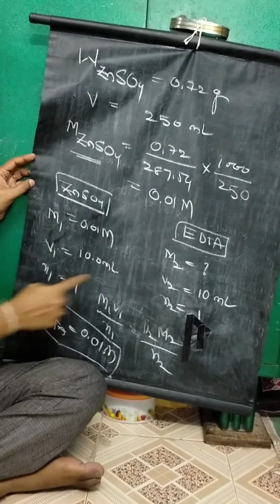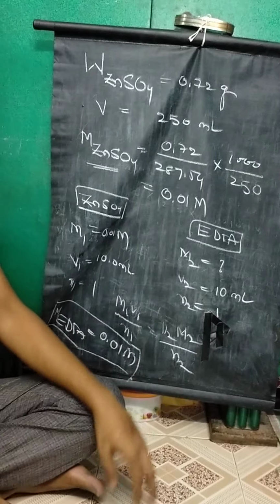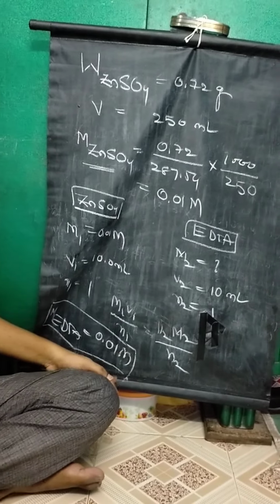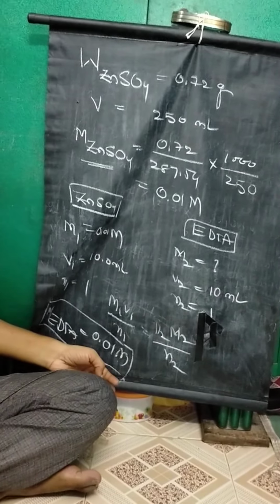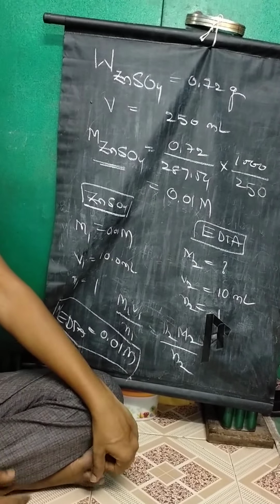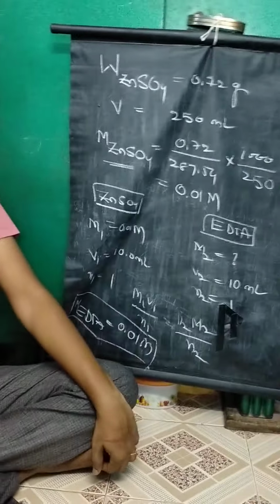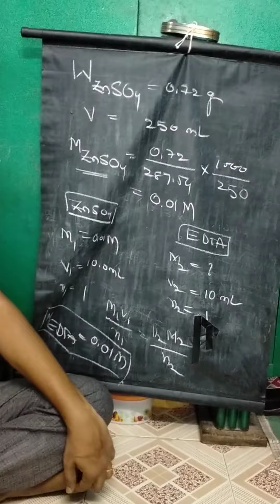So M1 V1 N1, M2 V2 N2, and from the formula you will calculate. Now you got the molarity of EDTA. After finding out the molarity of EDTA, you proceed as I have shown in the previous video to calculate total hardness, permanent hardness and temporary hardness. So this is the second model of EDTA problems. Thank you.